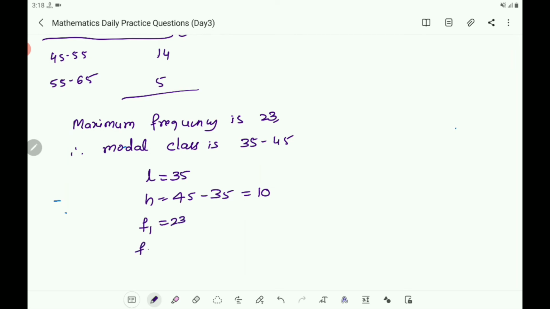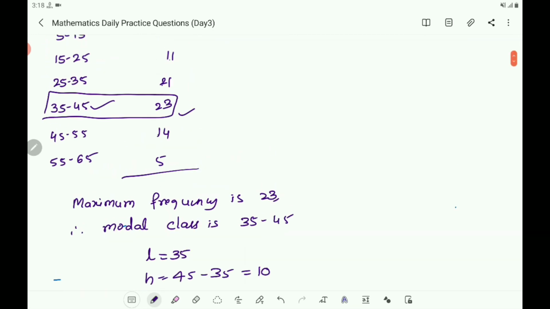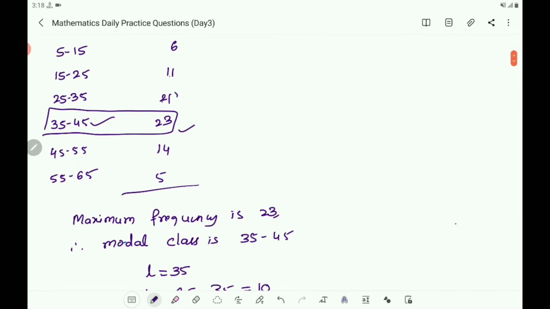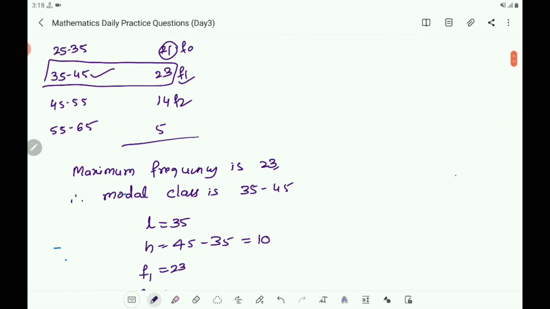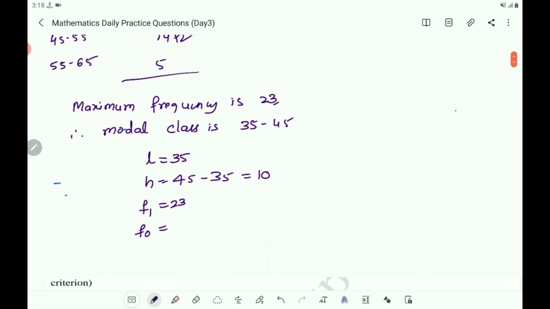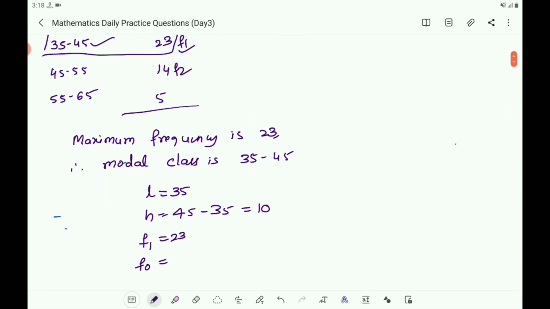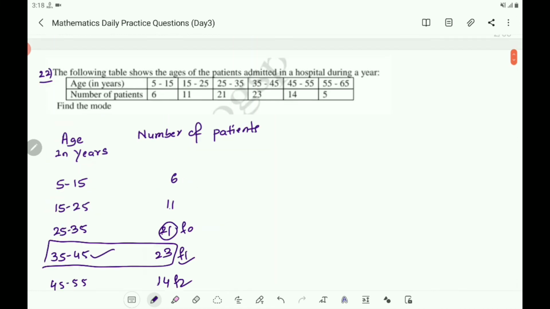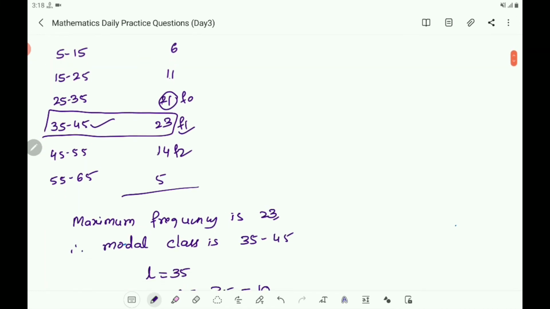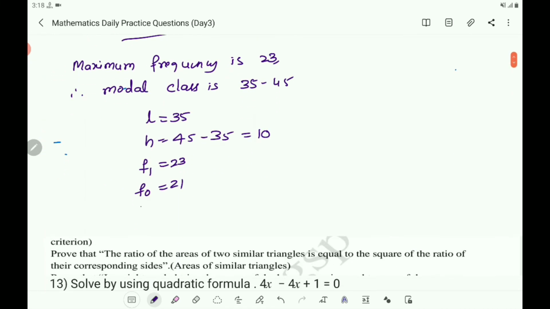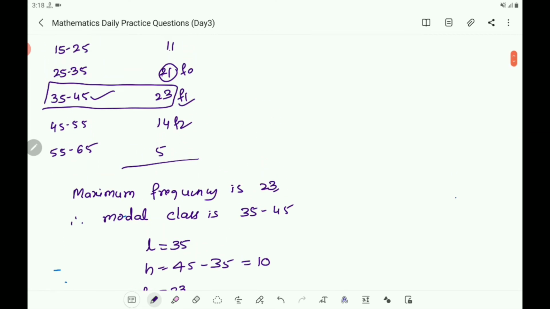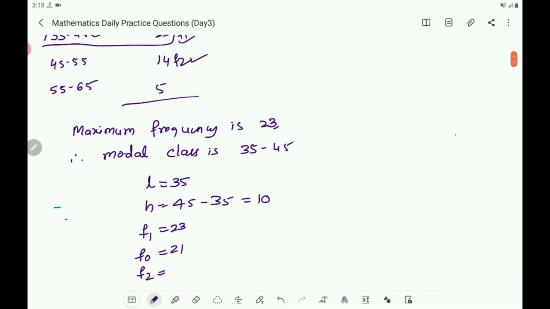F0 is the frequency of the previous class, that is 21, and F2 is the frequency of the class after the modal class, that is 14.